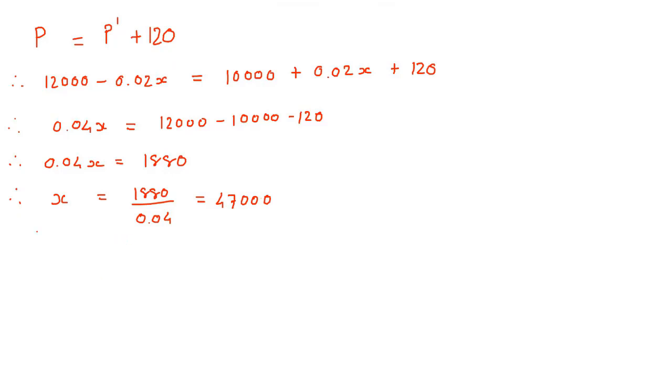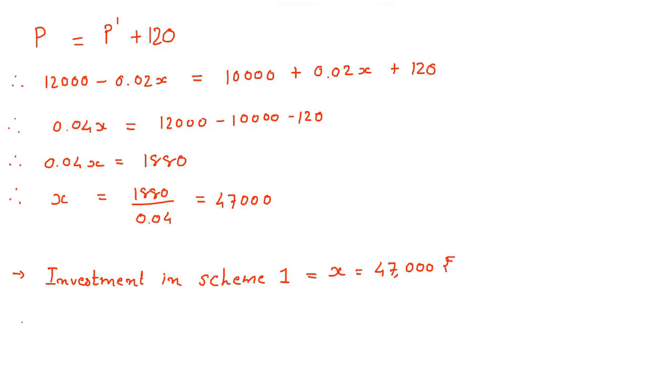So, in scheme 1, in the first case, the person has invested 47,000 rupees. So, investment in scheme 1 in the first case will be X, which we found out to be 47,000 rupees.